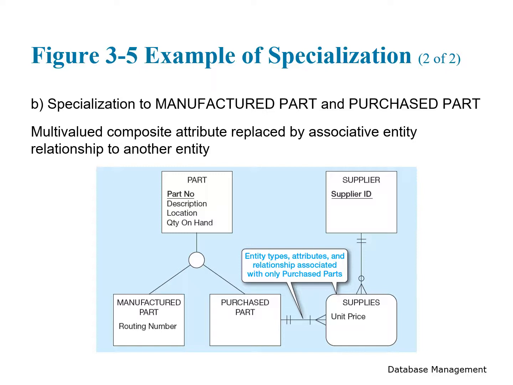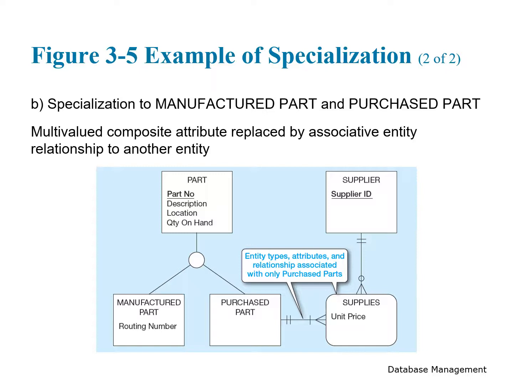When you find a situation like this, it makes sense to use specialization. In this case, we create two subtypes of part, one for manufactured part and one for purchased part. All parts have part number, description, location, and quantity, but only manufactured parts have routing number, and only purchased parts have supplier.